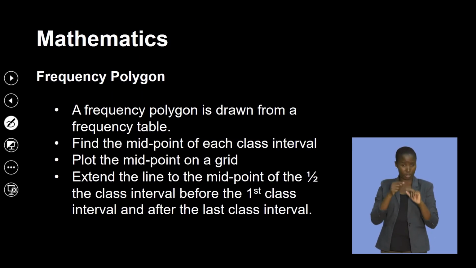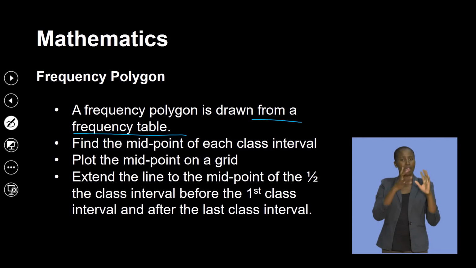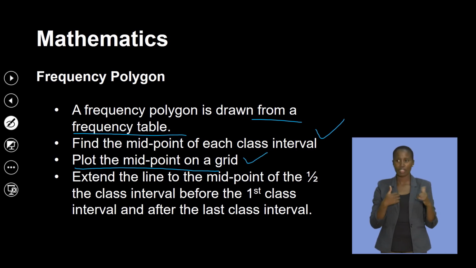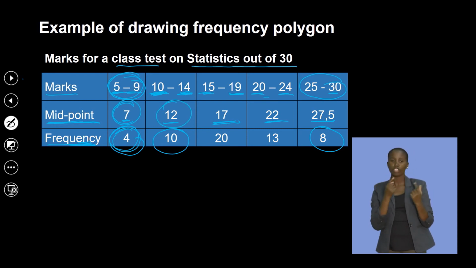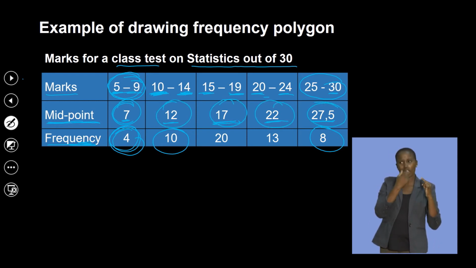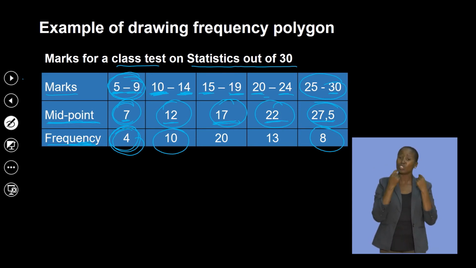Now, a frequency polygon is drawn from a frequency table. We agreed. We find the midpoint for each class interval. We did that. Plot the midpoint on the grid. That's what we're going to do now. These are the midpoints on the grid: 7, 12, 17, 22, 27.5. We're going to draw them on our grid.